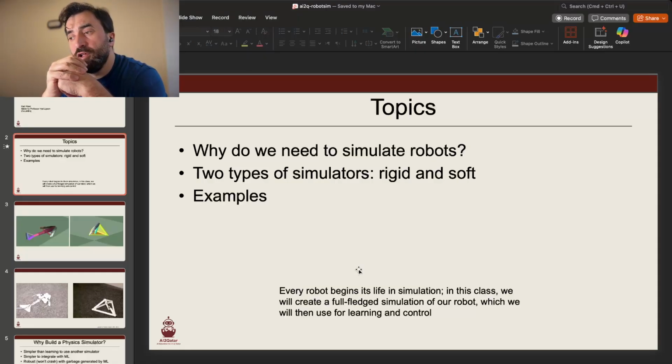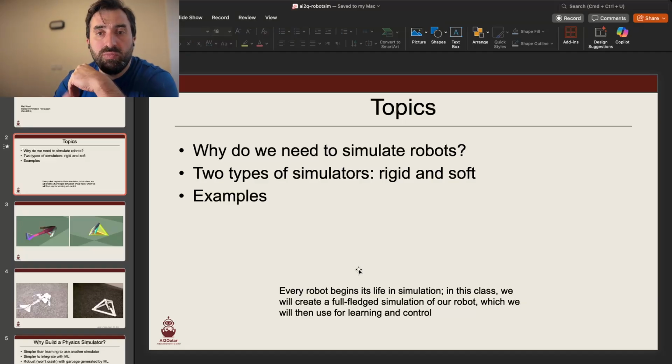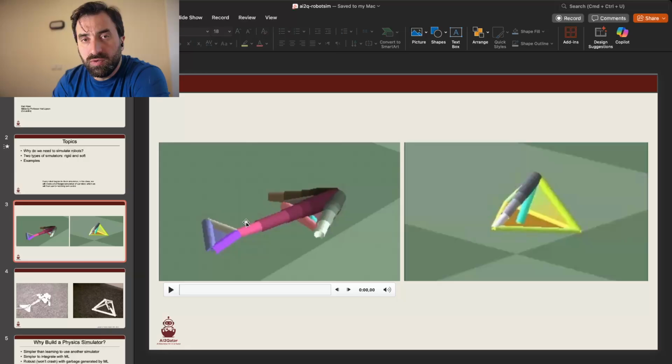First of all, make sure your robot works before you actually build it, because there are so many details you have to keep in mind when building a robot. By simulating it, you figure out the bugs within the robot, the things that go together and do not go together, and you realize what can go wrong or not.